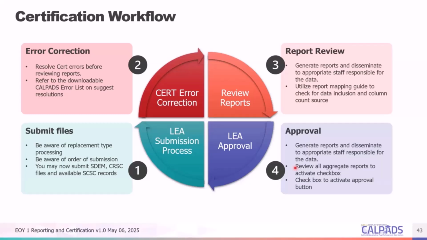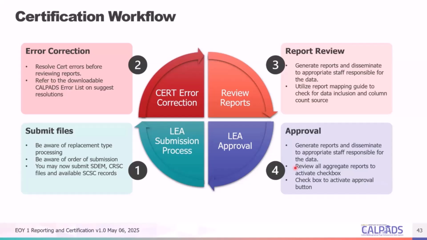If you are a K to 8 school and you opt not to submit CRSC and SASC records this year for your 7th and 8th graders who are in departmentalized courses, you can go ahead and certify without submitting any data. Just be aware that all of the reports will obviously show zero counts.